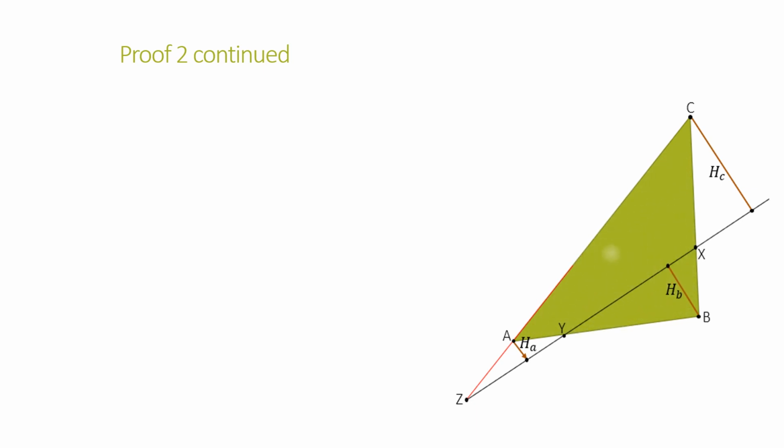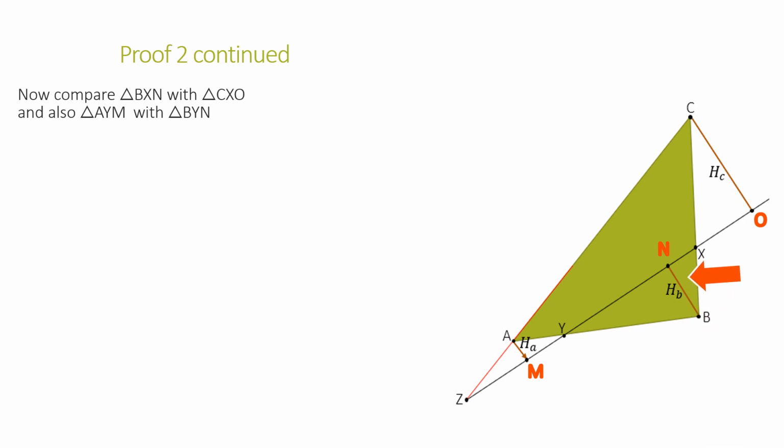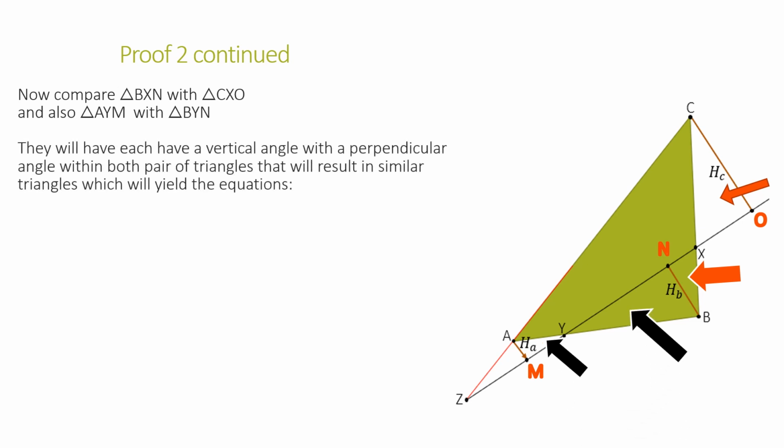Now we're going to do the same thing with two different pairs of triangles. So we compare triangle BXN with triangle CXO for similarity, and also triangle AYM with triangle BYN for similarity. They will each have a vertical angle with one perpendicular angle, and that will automatically make them both similar.